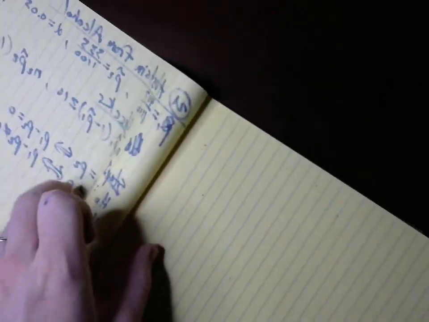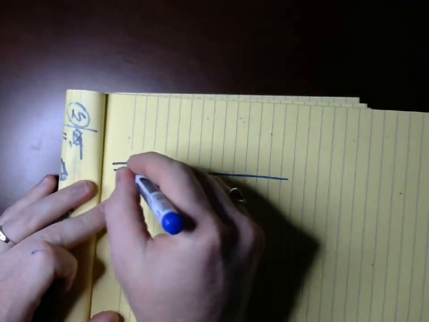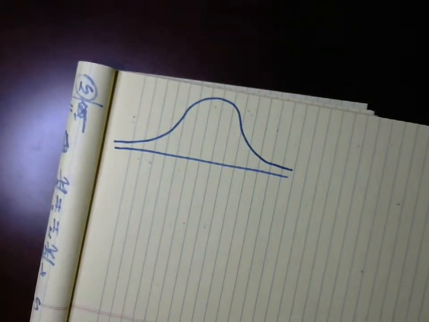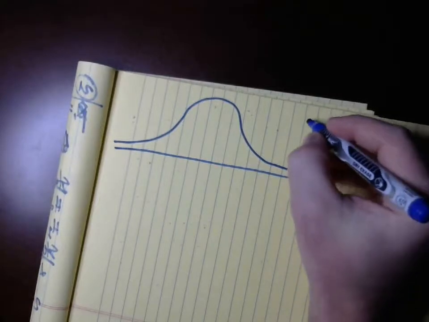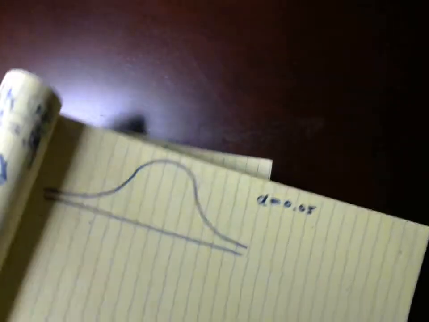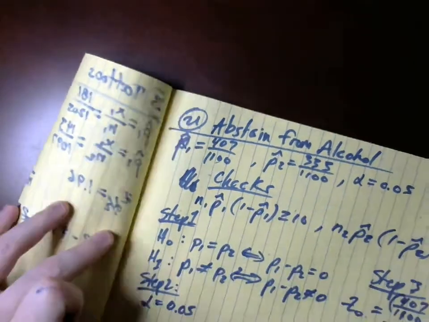So let's continue here just to picture what's going on. Drawing a normal distribution, you know I like doing this to compare the critical value. And remember that alpha is equal to 0.05.